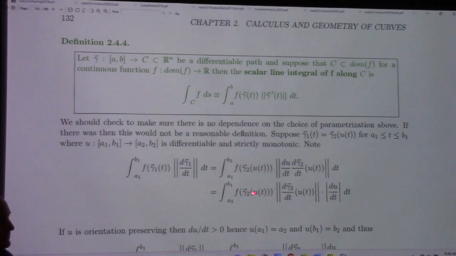Think about it. Does this remind you of anything from Calculus 2, or the end of Calculus 1? If we could cancel these dt's, what would we have? We'd have the integral over du, wouldn't we? But then we'd have to change the bounds. U substitution, right? This suggests a U substitution.